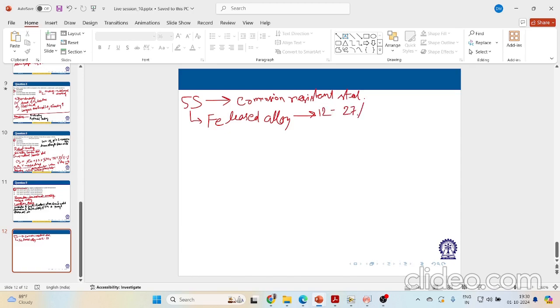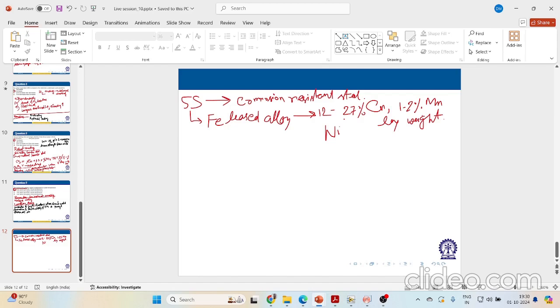This I have taken from Google online. The composition of stainless steel may contain 12 to 27% chromium and 1 to 2% manganese by weight. That you remember, this is the weight percentage. There can be some addition of nickel also. And a small amount of carbon is also present. That can be either deliberately added or as an unavoidable impurity, right?